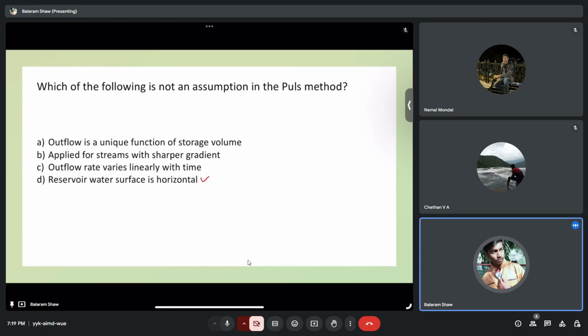This is one of the assumptions in the Puls method. Then it is applied with the outflow as a function of storage volume. Outflow rate should be varying linearly with time. And as this reservoir water surface is considered to be horizontal, obviously there will be no gradient in it, and hence it cannot be applied for streams with sharper gradient, and hence this is not an assumption in the Puls method. So the correct answer will be B, right?